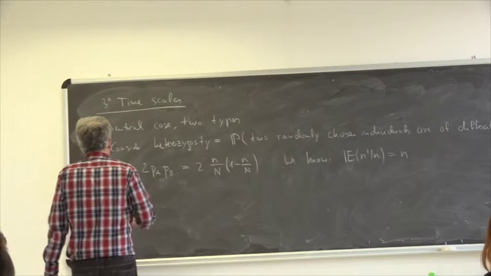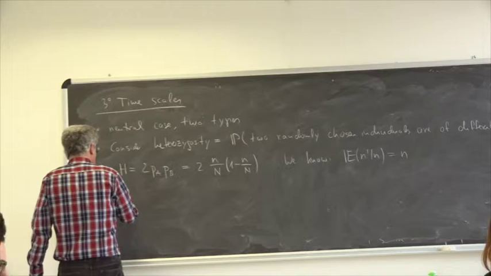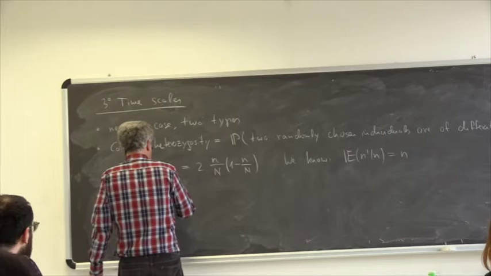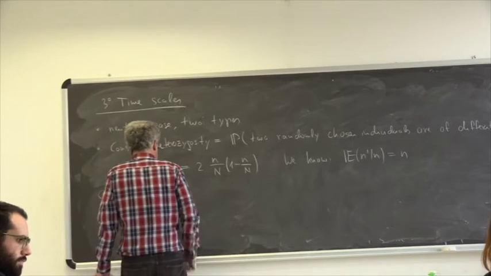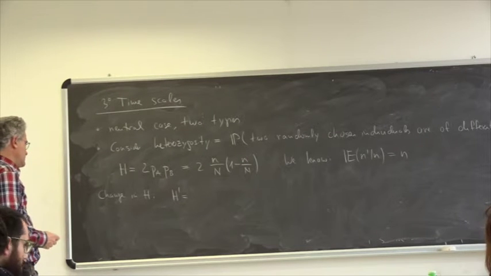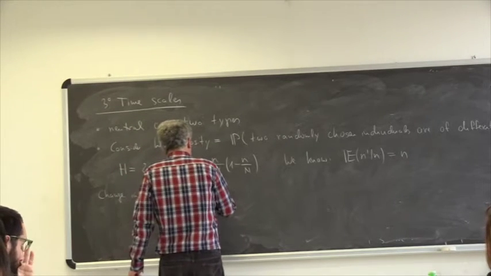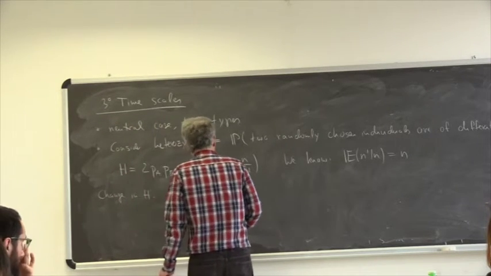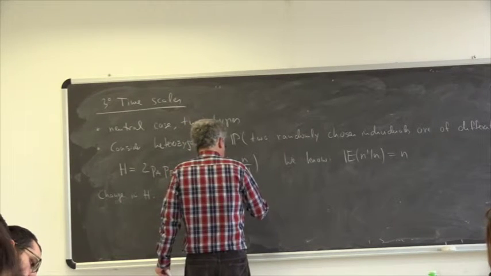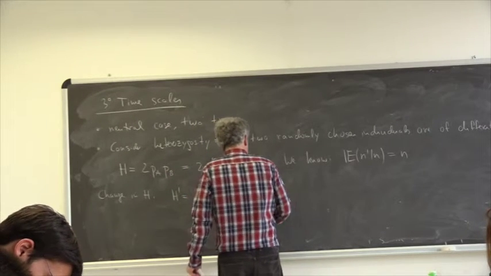So if we now want to calculate the change in the heterozygosity, so the change in H, let's take one step in the process, that we call this H prime. So this is the expected value of 2 times n over N times 1 minus n over N conditioned on n, right?